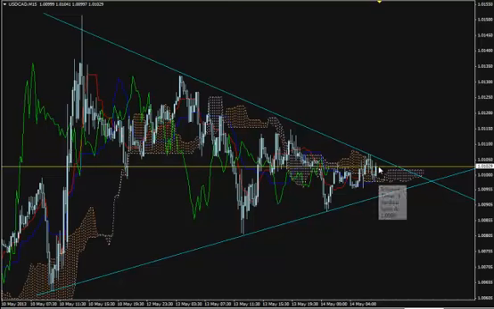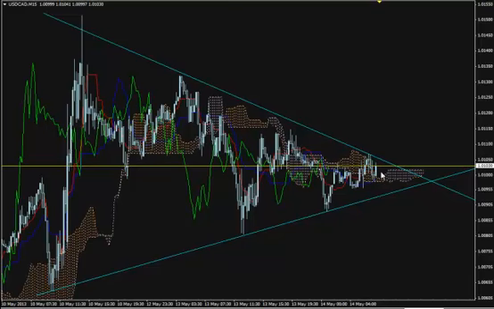for the pair now. So the leading Kumo is horizontal, and although bearish, it has a flat top and a curved bottom, a curved lower border, which is a belly down leading Kumo, and it's indicative of bullish reversal.